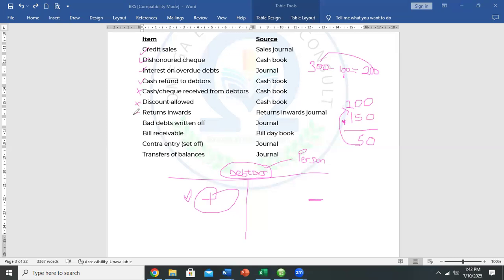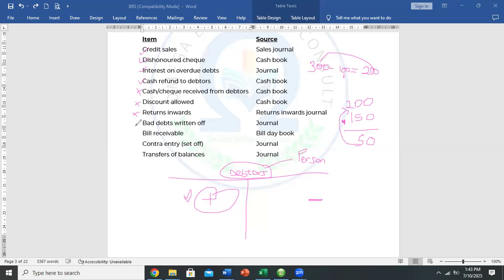Return invoice. It means that the person has returned some of the goods to you, which would also reduce the balance, because if you sell goods to somebody at 1,000 Ghana cedis, and the person for that matter owes you 1,000 Ghana cedis, if he or she returns 200 cedis worth of goods back to you, then he will no more owe you 1,000. He will owe you 800.